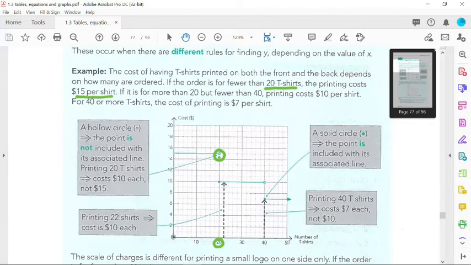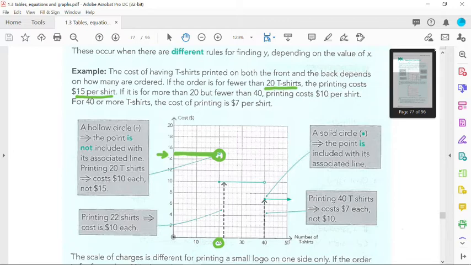That's because 20 is the boundary point, but it's not included in those shirts that cost $15. It's fewer than 20. Everything less than 20, from 0 to 19, would cost $15. So here's your $15, halfway between 14 and 16. You get this little line and then an open circle at the end because that is the boundary, but it does not include that number.